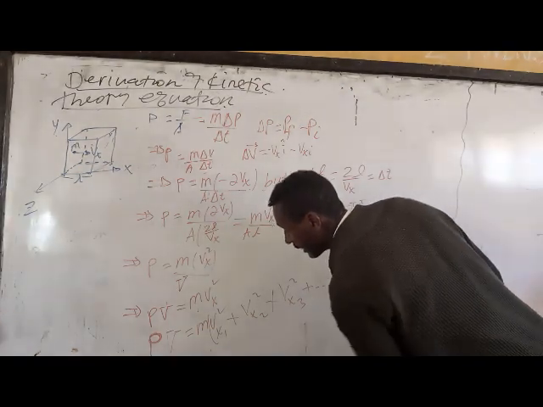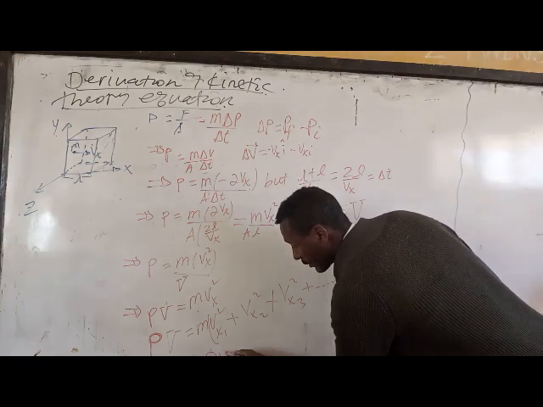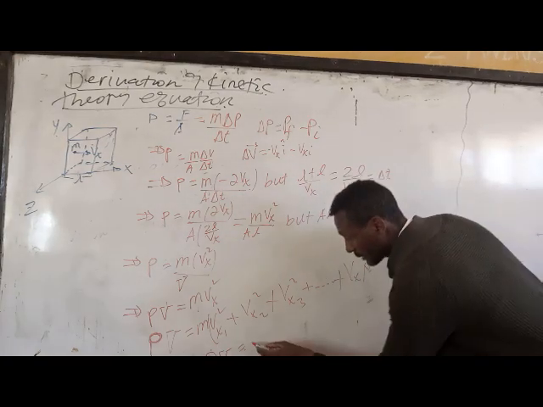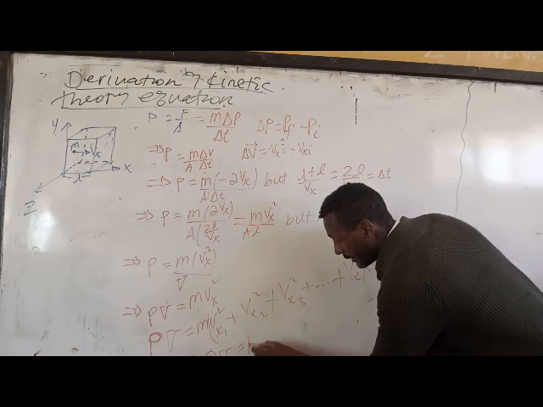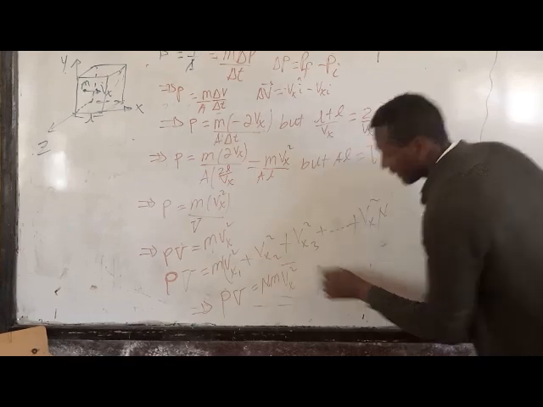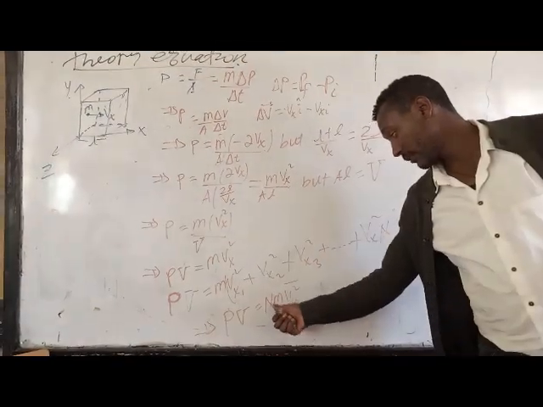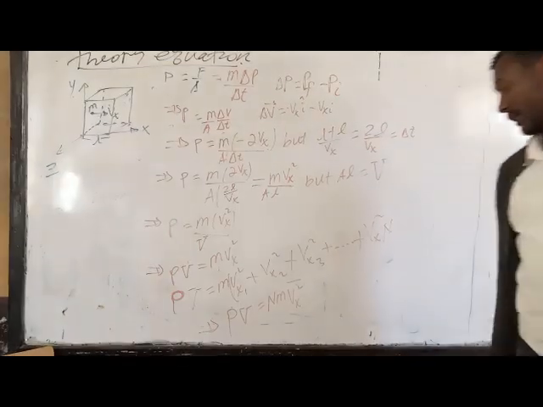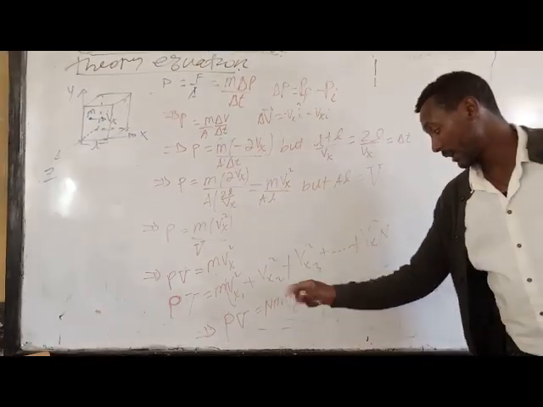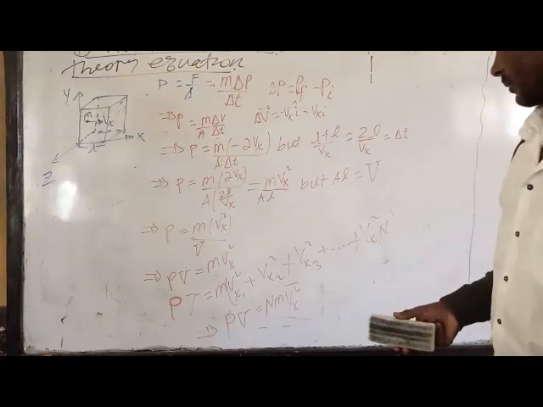This implies the total pressure times the total volume is equal to N times m times Vx squared average. N is the total number, m is the mass of a single particle, and this is equal to the total pressure times the total volume.